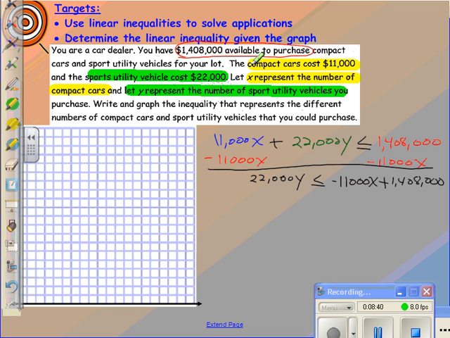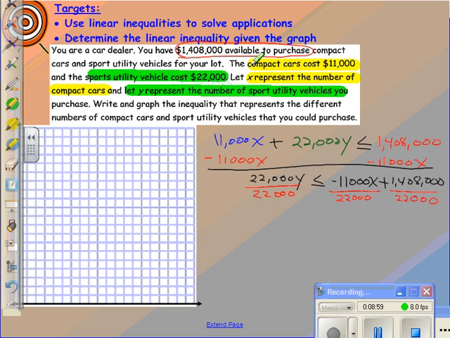Okay? So now all I have to do is divide everything by 22,000 so I could get my Y by itself. Divide this by 22,000, and divide this over here by 22,000.